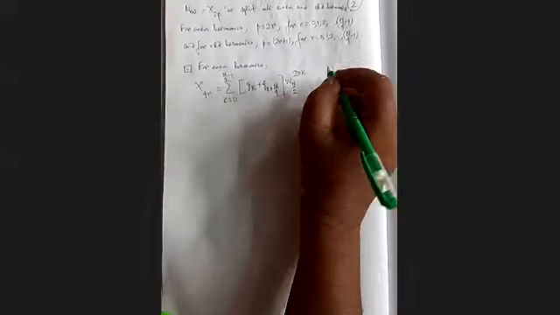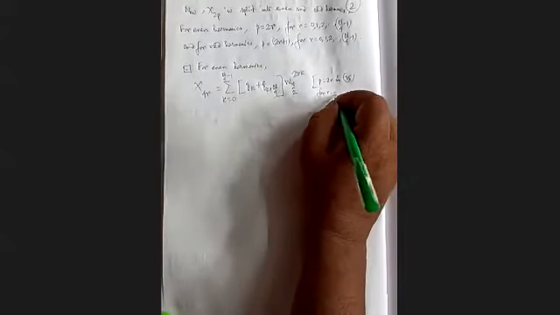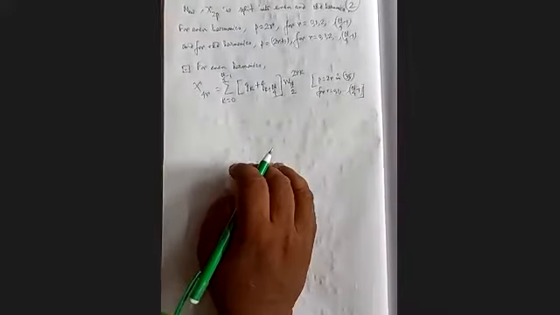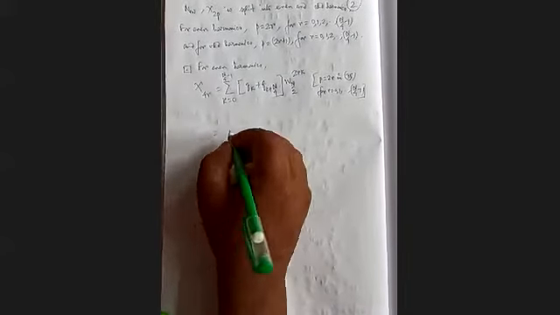Put P equal to 2R in relation 35, for R equal to 0, 1, 2 up to n by 4 minus 1. Substituting, right? Then we can write it.